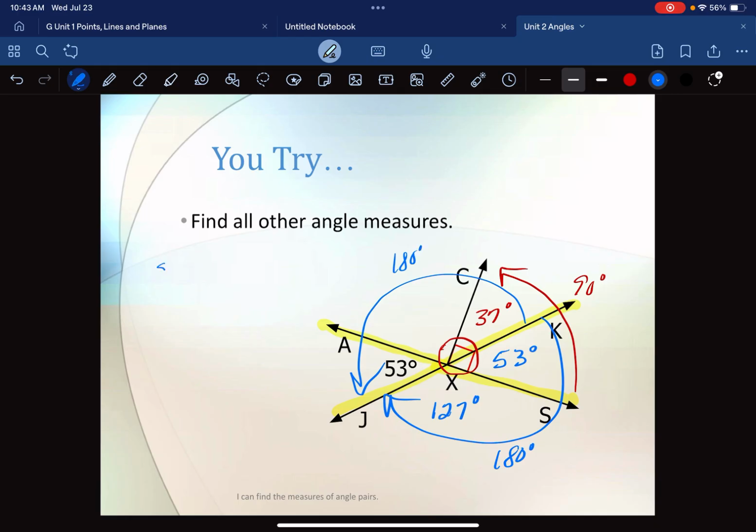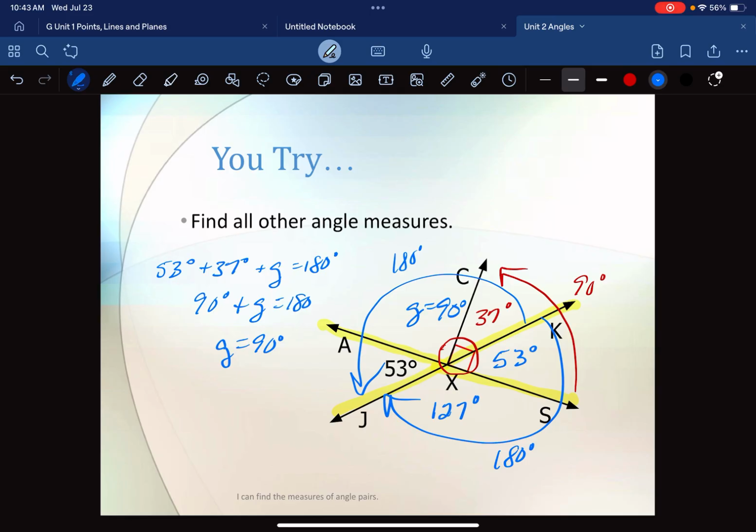So I know 53 and 37, and I'll call this angle G again. Those 3 have to make 180, don't they? So 53 and 37, that's 90, plus G equals 180. Well, that's just a 90 as well. 90 degrees.